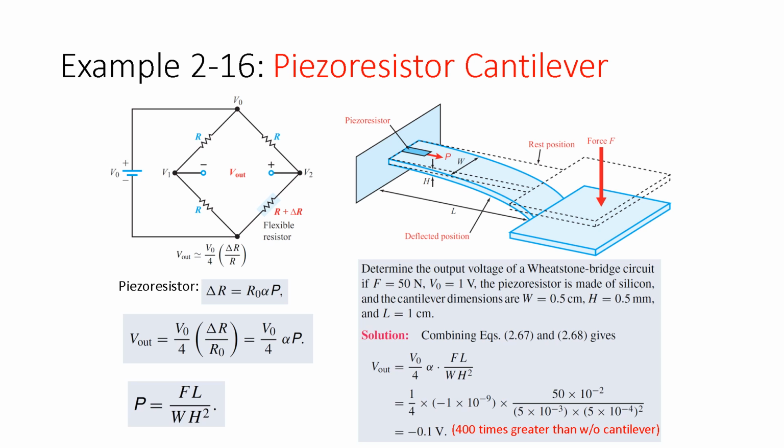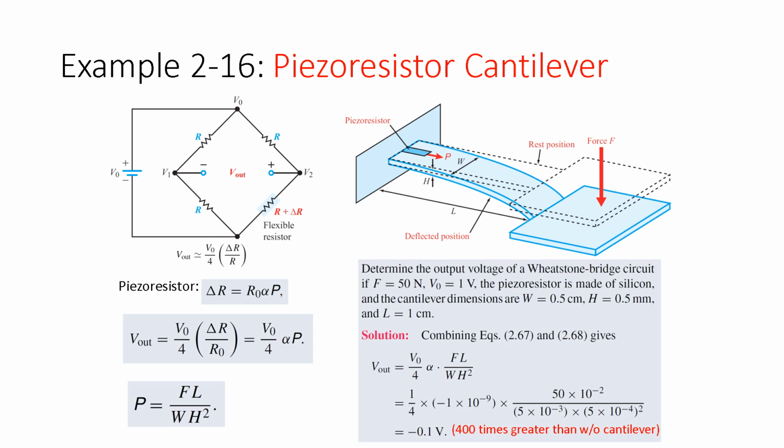So if we are going to solve for V out using our normal equations, V out is going to be equal to V0 over 4 times alpha P. And do you see how we kind of got that mathematically? If not, come by in office hours and ask, or shoot me an email. But this should be a pretty easy proof there.